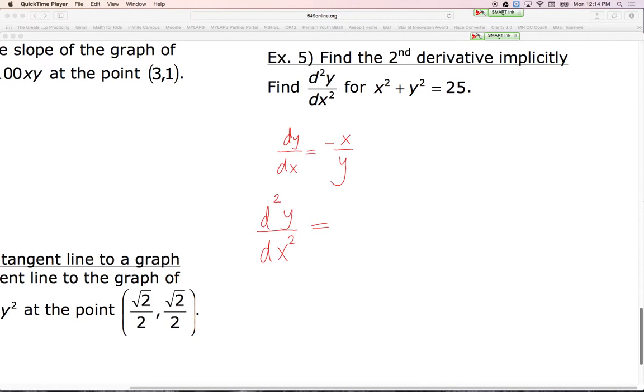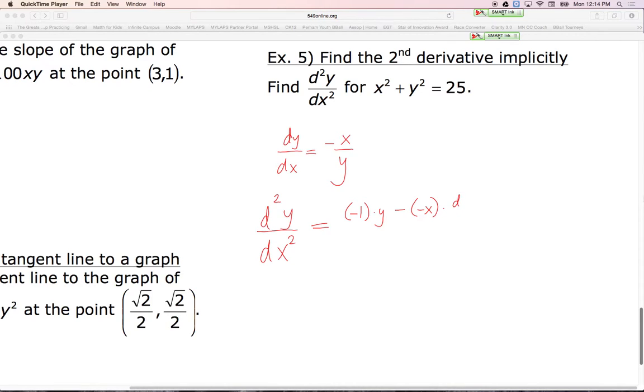Okay, now let's go to the side. All right, tell me how to do it. It'd be negative 1 times what? Y. We're using quotient rule. Minus. Now I'm going to go ahead and put negative x. Let's go ahead and write that down. Times the derivative of the bottom, which is going to be 1 dy dx.